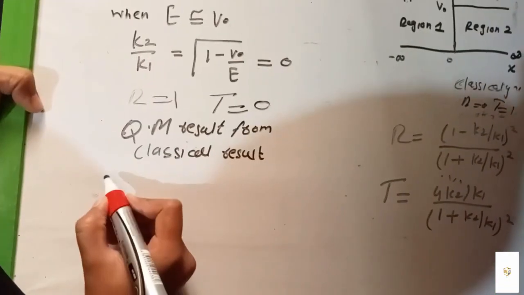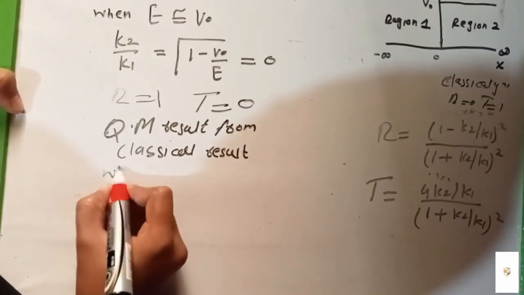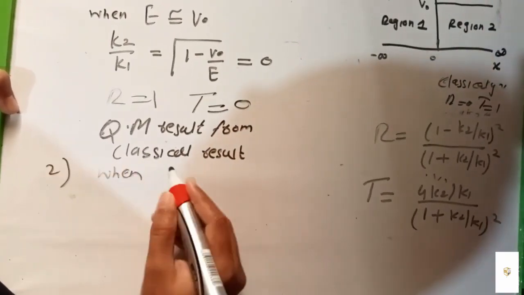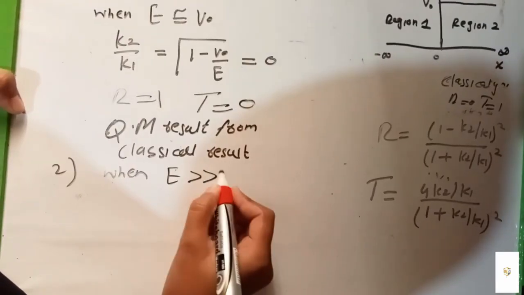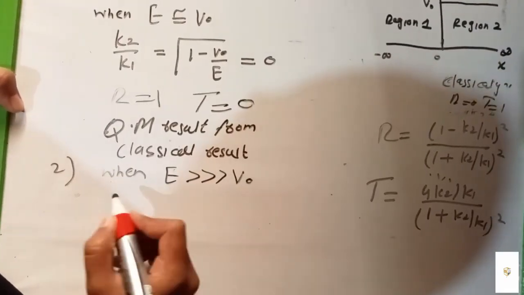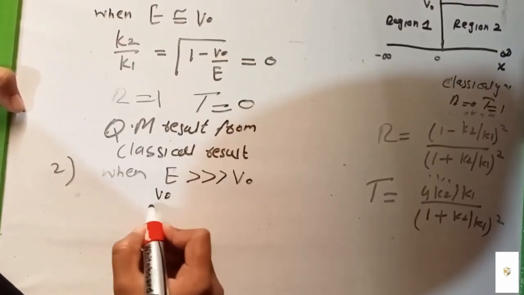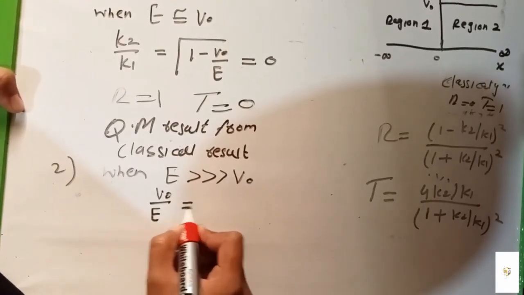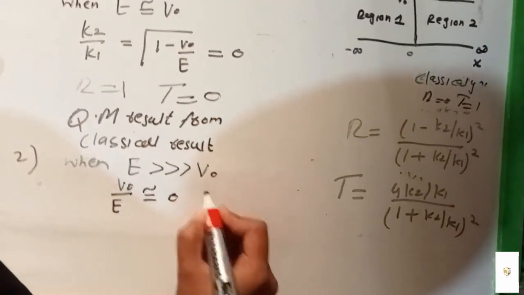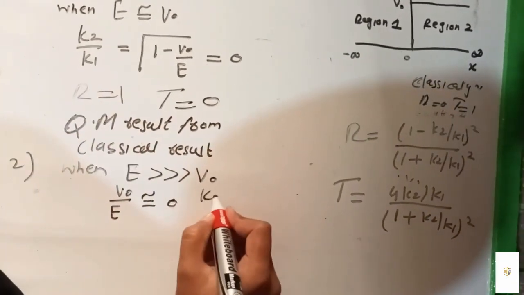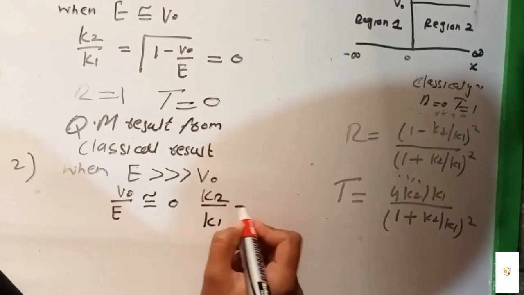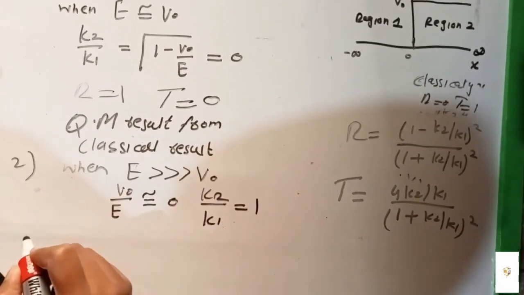Now we consider the second case, when E is greater than V naught, then V naught over E is approximately equal to 0. So k2 over k1 is equal to 1.